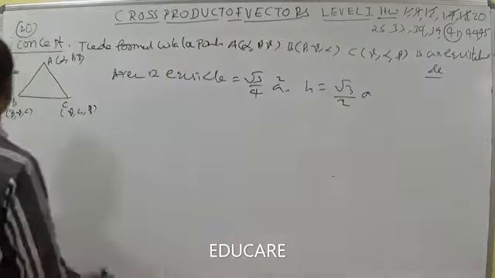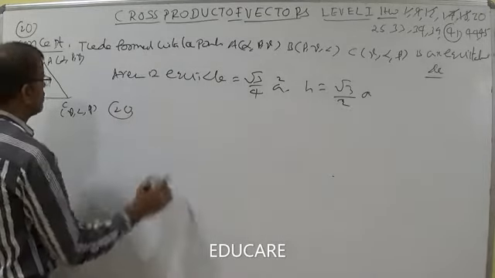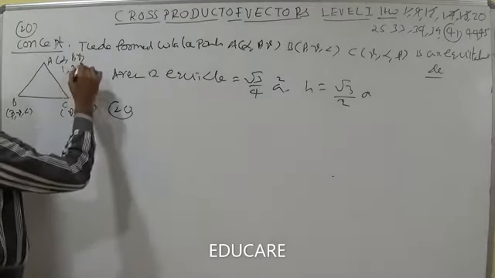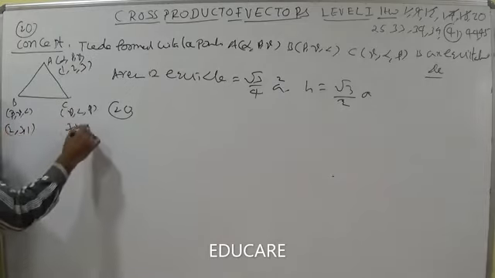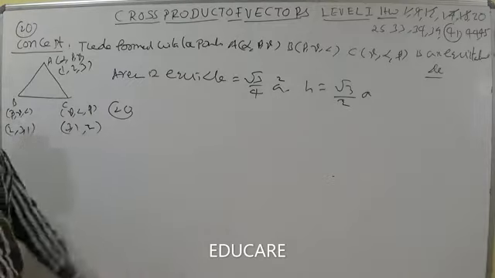Depending on this concept, the 20th question is given with points 1, 2, 3, then 2, 3, 1 and 3, 1, 2. Using the vector concept, you can write half of the modulus of AB cross AC and you will get the answer.